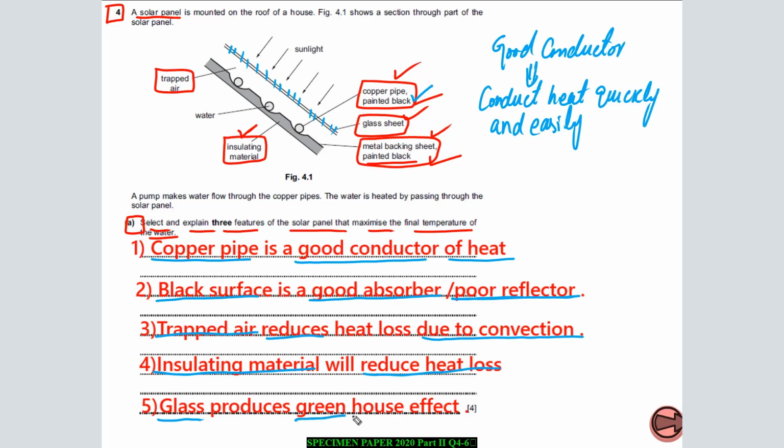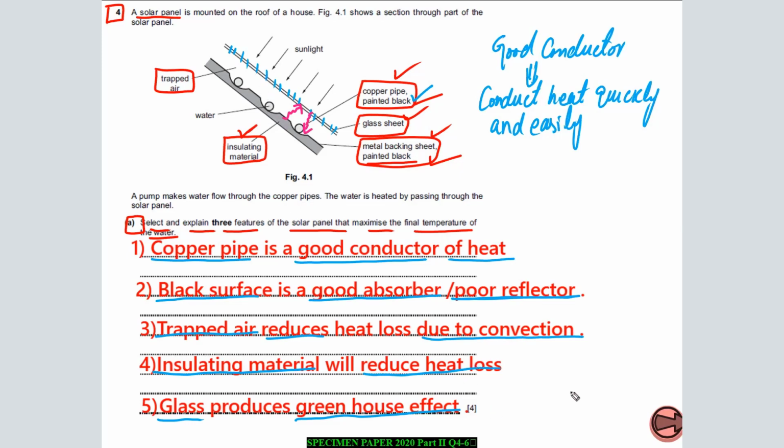Because glass produces the greenhouse effect, meaning it stops radiation from escaping. For example, if the radiation goes back towards the glass, it will be reflected back. Due to the greenhouse effect, the temperature of the water inside the copper pipe will increase more.